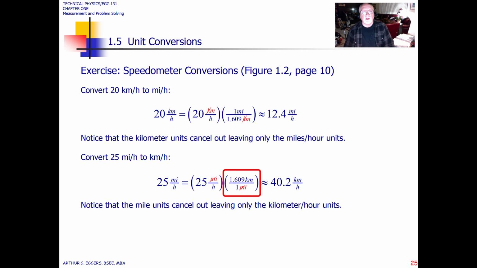When we do this, we are left with kilometers in the numerator and hours in the denominator. 25 times 1.609 gives us 40.2 kilometers per hour. Notice that the miles units cancel out, leaving only kilometers per hour. So we always want to make sure the units are correct in the numerator and the denominator when we set up our conversion factors.